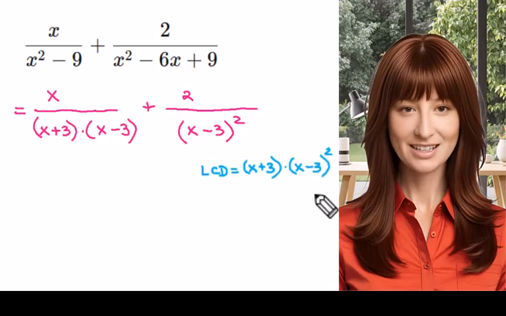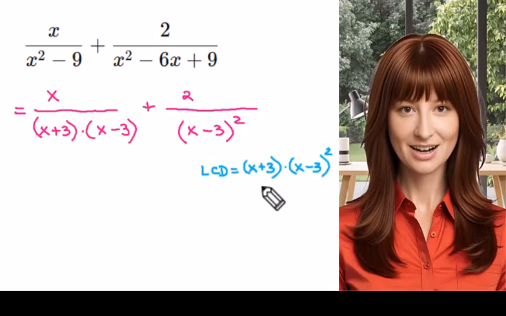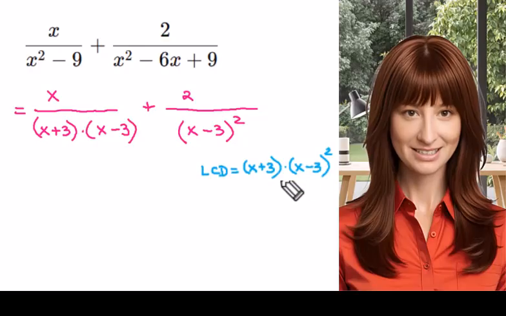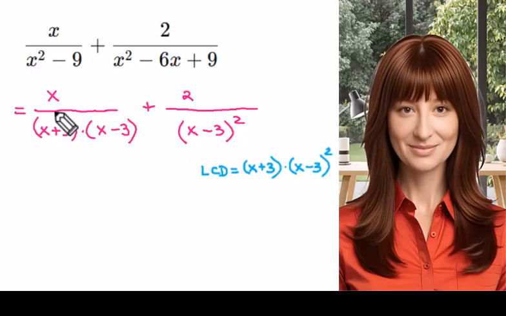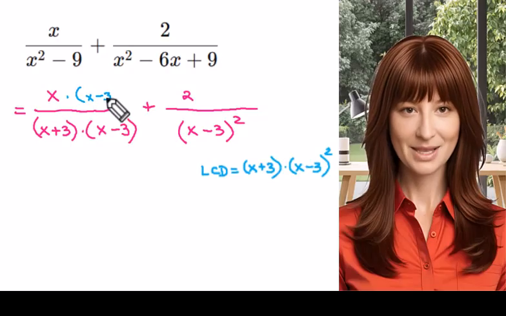Now let's go ahead and convert each fraction so that the new denominator is the LCD. To do that, we're going to multiply the numerator and the denominator by what is missing to get to this LCD. So the first fraction, we need to multiply it by x minus 3, up and down.